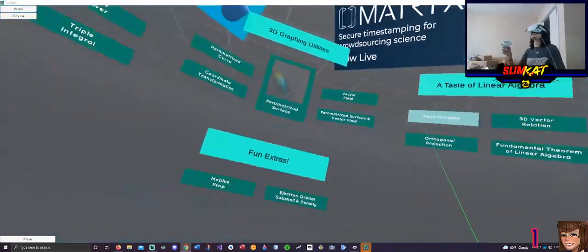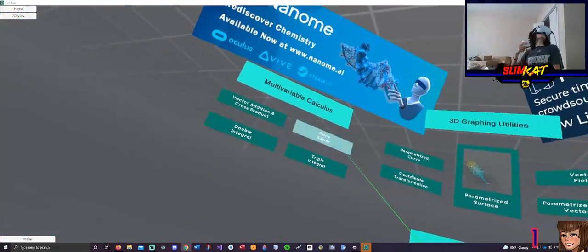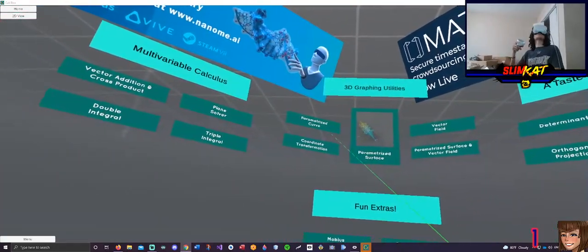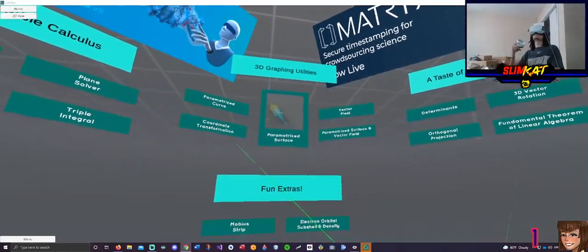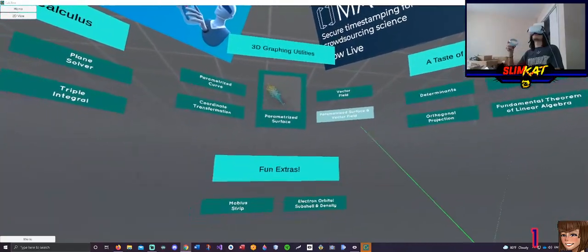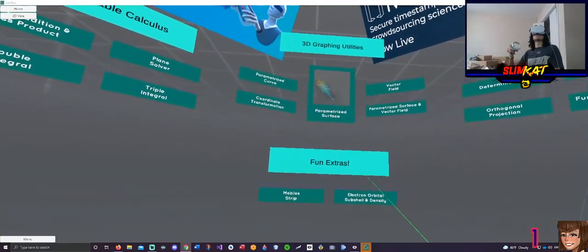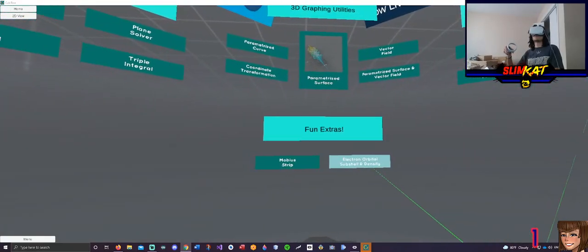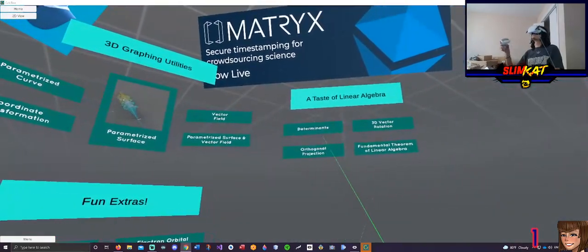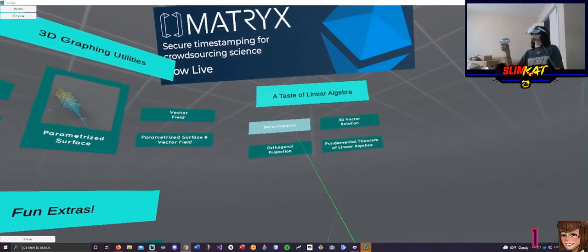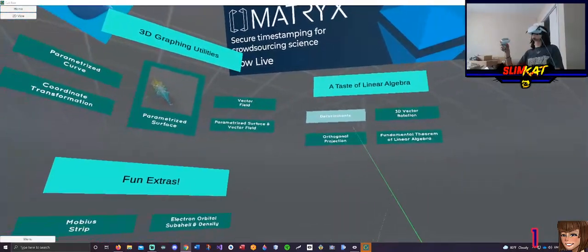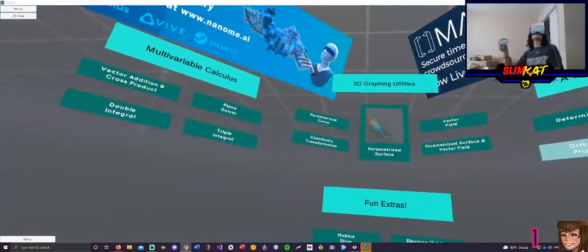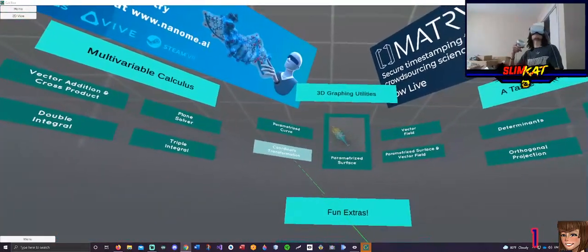So linear algebra will probably be our best bet because that's 3D graphing utilities. Coordinate transformation. So I'm gonna go with orthogonal? No, it has to be coordinate transformation, but it's not a 3D one.